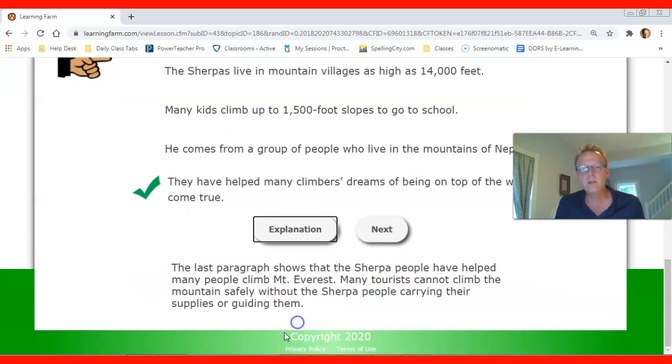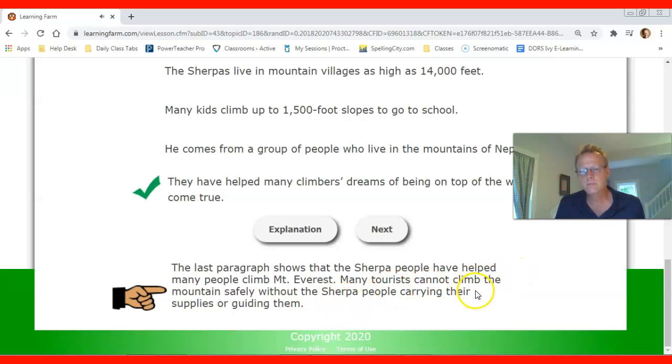Let's look at the explanation. The last paragraph shows that the Sherpa people have helped many people climb Mount Everest. Many tourists cannot climb the mountain safely without the Sherpa people carrying their supplies or guiding them. Good.